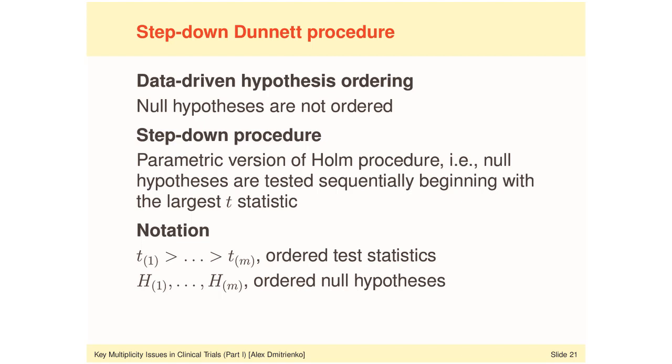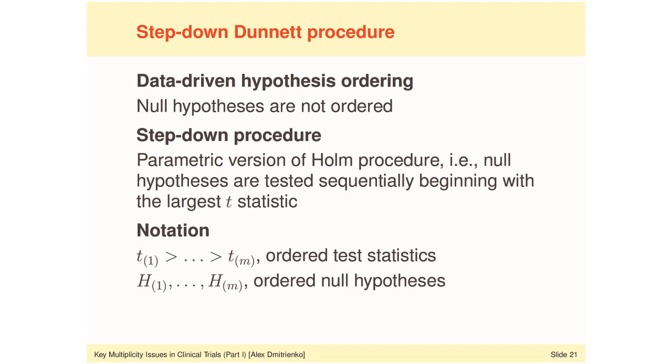For example, if we assume that the null hypothesis is of no effect in a clinical trial with, for example, several dose placebo comparisons, we assume that those hypotheses are not ordered. We deal with the case of a data-driven hypothesis ordering or data-driven testing sequence, and it is quite easy to construct a parametric step-down procedure, which looks very much like the Holm procedure.